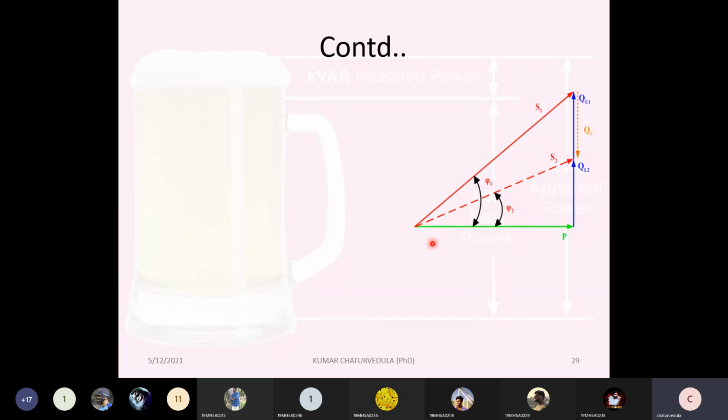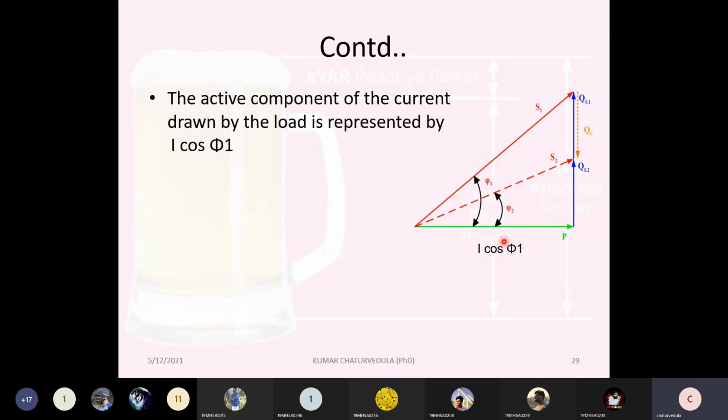So this is a basic diagram. The active component of current is I cos phi, which is the current drawn by the load. And the lagging component of current, the reactive component, is represented by I sin phi 1.